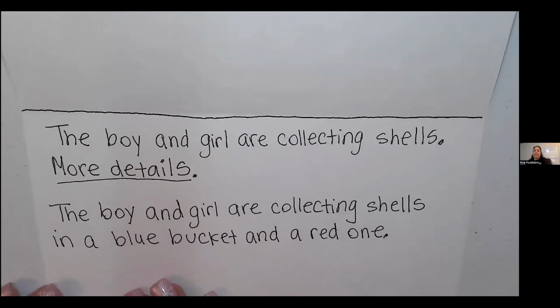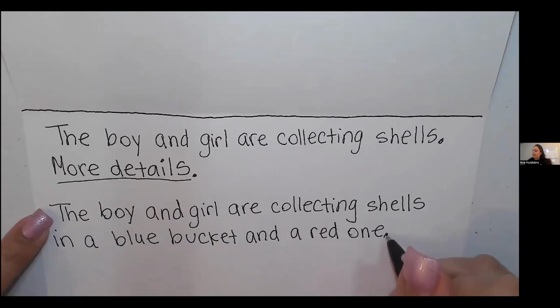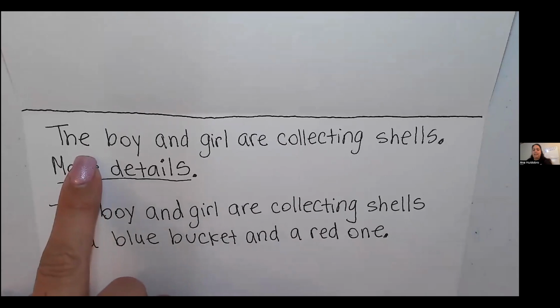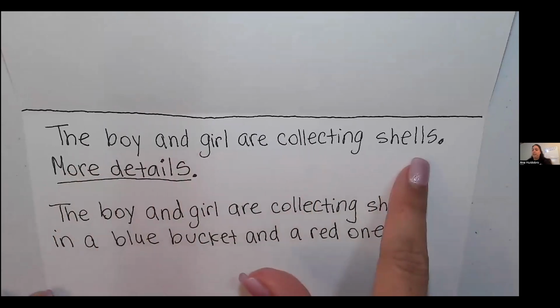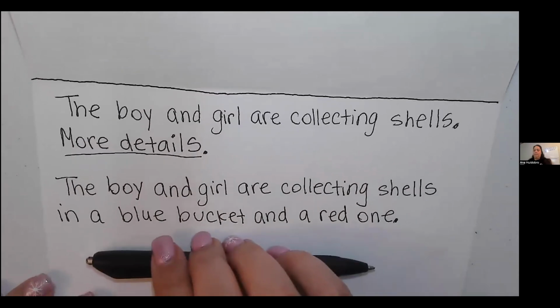So this is my sentence. This is how I put more details into my sentence. I want to make sure it still starts with a capital and it still ends with a period. So please rewrite this sentence. The boy and girl are collecting shells, and put some extra details in that sentence. Go ahead.